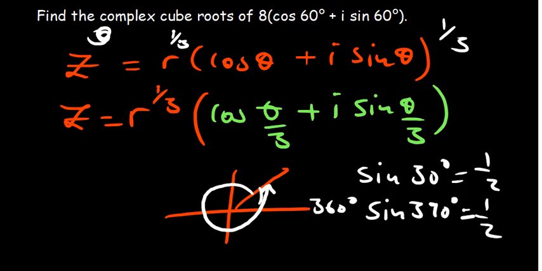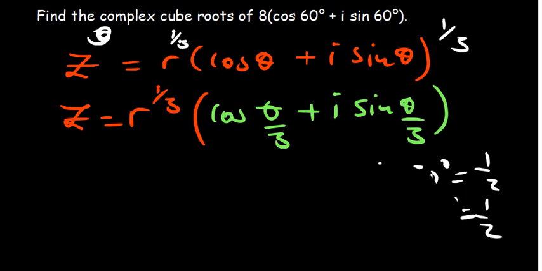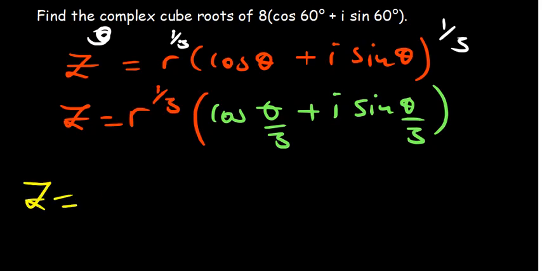The same applies when finding roots of complex numbers. The generalized form of finding the roots is r to the power n, then cos of the angle theta plus the number of rotations you make.